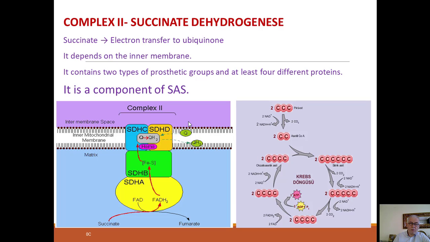And FADH2 electrons, 2 electrons, must be moved to the iron sulfur center, such as in complex 1, and these electrons go from the iron sulfur center to ubiquinone. This is another important reaction related to the iron and sulfur center.